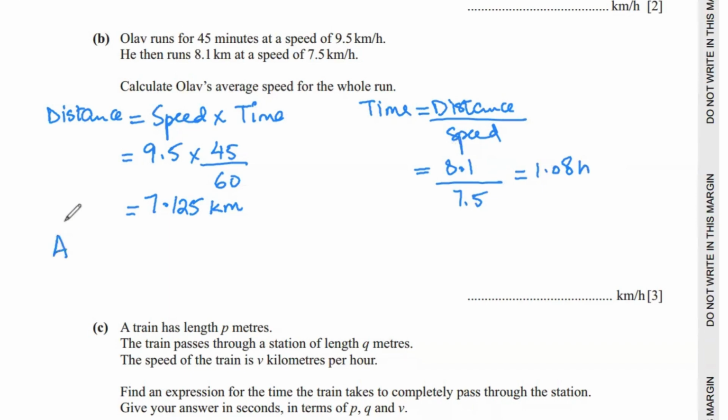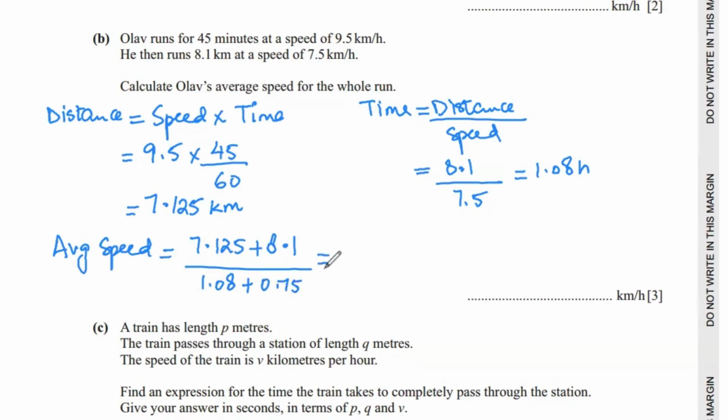So now average speed for the entire journey is going to be total distance, which is 7.125 plus 8.1, divided by total time, which is 1.08, and 45 divided by 60, which in decimals is 0.75. So that's going to give us 8.32 kilometers per hour. That's your answer.